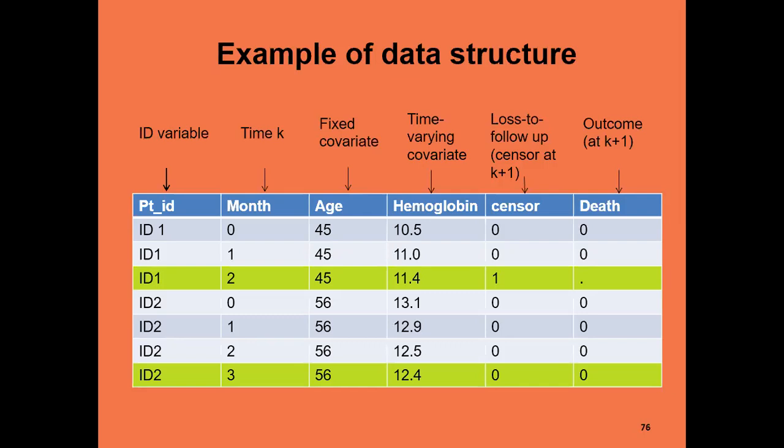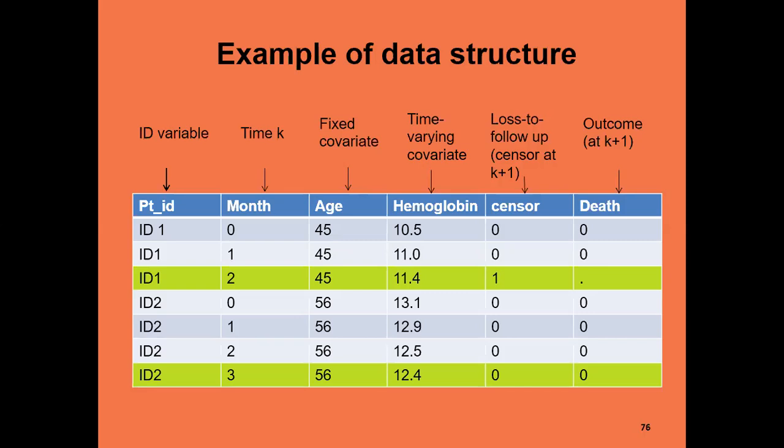So you can have a treatment strategy variable, and for patient number one, you copy the patient's data exactly the same, but the only thing that's different is the treatment strategy. For patient number one, you have treatment strategies for three times. This patient is not censored, and is followed to the end.